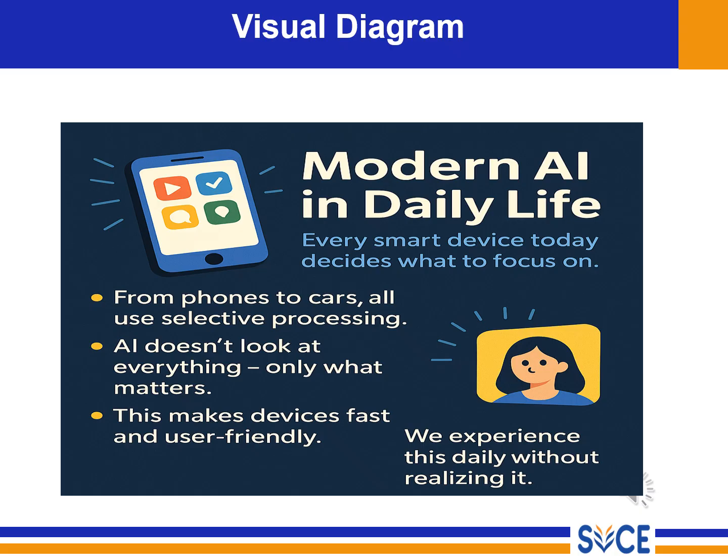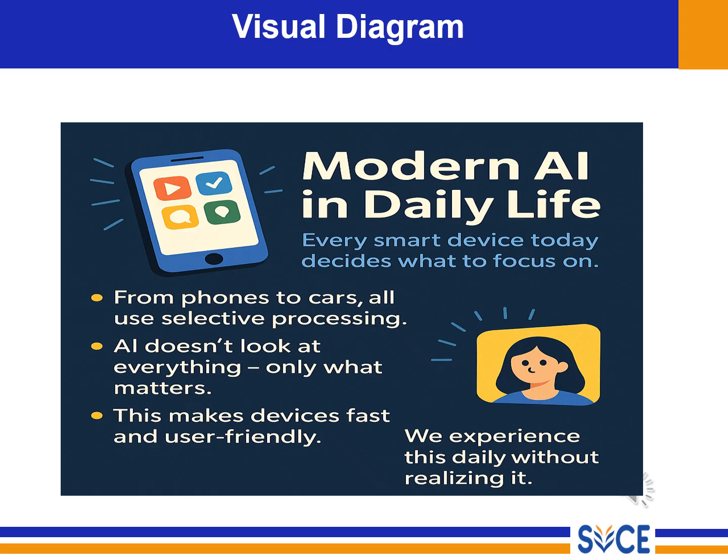For example, your smartphone does not analyze every pixel equally when unlocking with your face. It focuses only on key facial features. Similarly, when you search something online, AI systems highlight the most relevant results rather than showing everything. This ability to focus improves speed, reduces computational cost, and enhances the user experience.